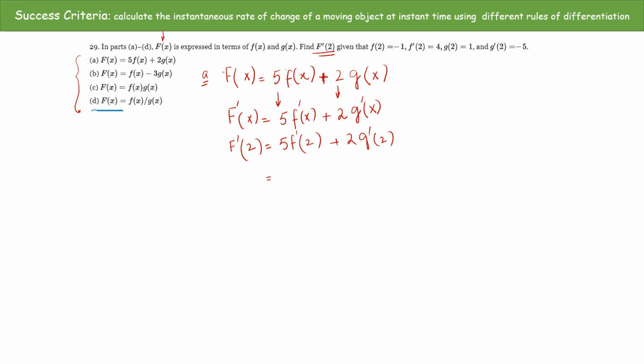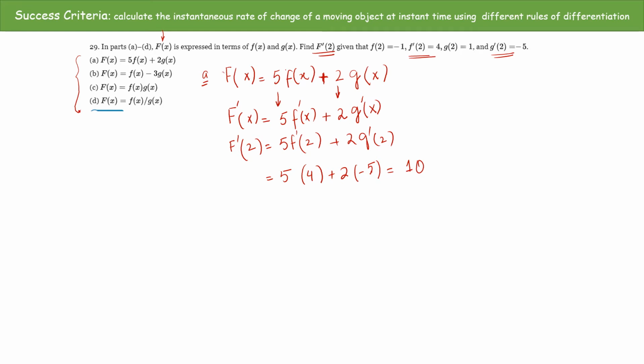F prime of 2 equals 5 times f prime of 2, which is 4, plus 2 times g prime of 2, which is given in the question as -5. Now solve it. 5 times 4 is 20. 20 minus 10 gives us 10. That is our answer.